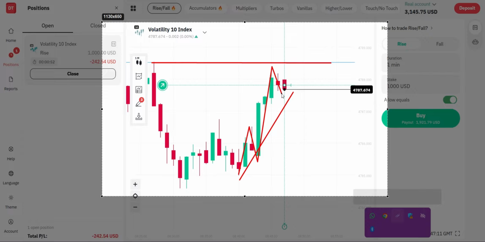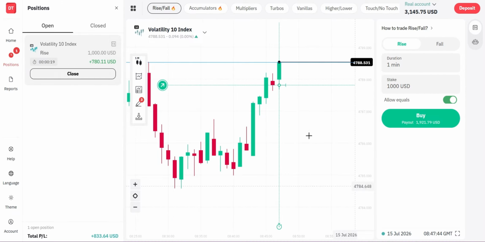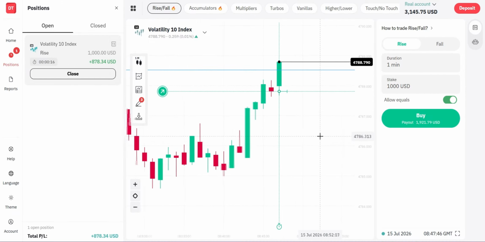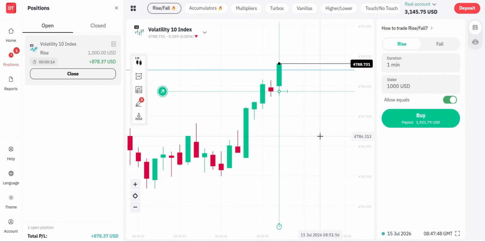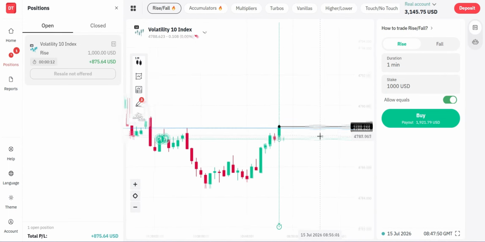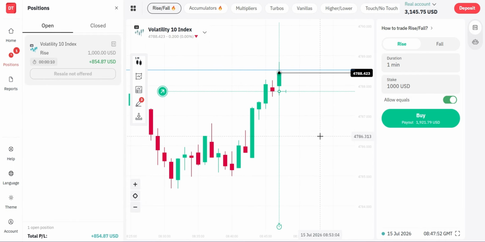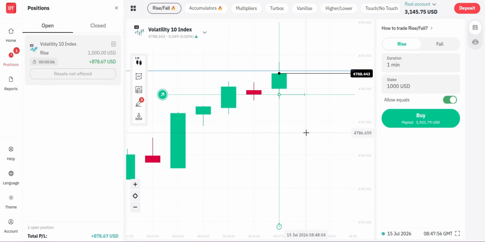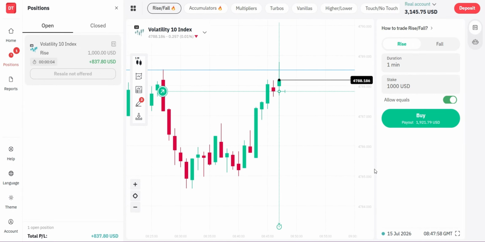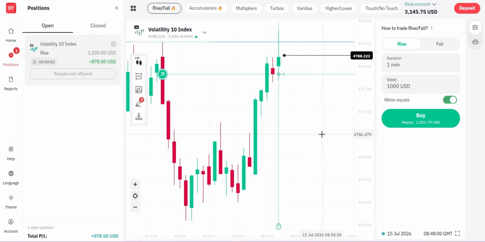So again, it can create a higher high according to my analysis. See, because there was a gap, every time there is a gap like this, the market has to fill this gap, then it will only reverse back, right? So I think this is also a winning trade.